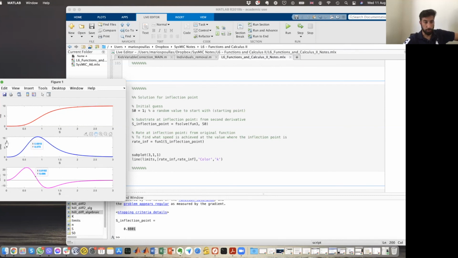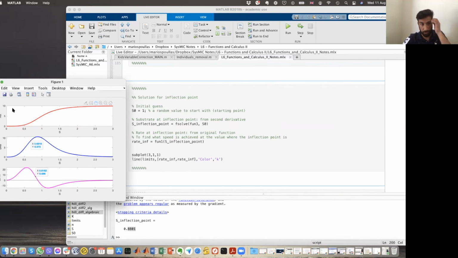The curve of the first derivative is showing the slope of the rate, the slope of the previous one. And the third one, which is the second order derivative, is showing the curvature.